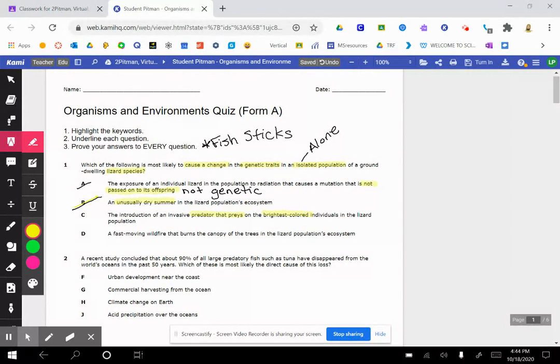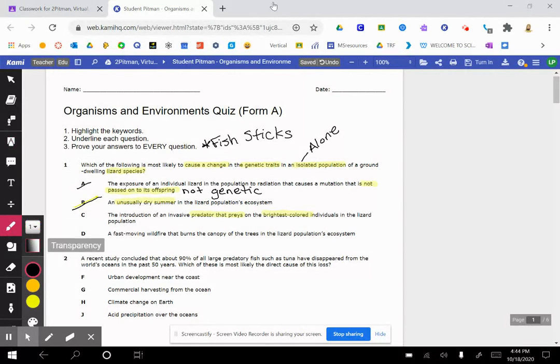If you remember in our fish stick lab and in one of the videos that we were watching, by choosing to prey on a particular color, for instance, at the beginning, it was our yellow fish that could not blend in. Our yellow fish were being killed off before they could reproduce. So here, our brightest colored individuals may die before they can pass on their genes.